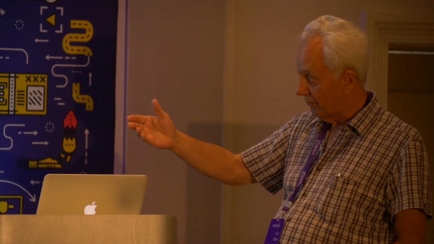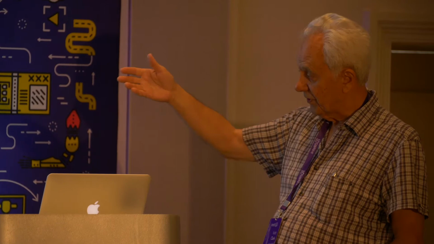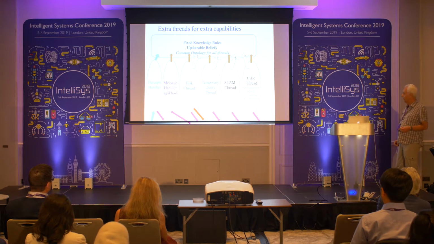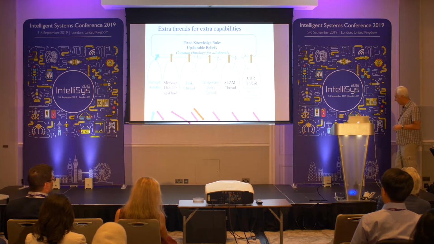So what we do is we fork an extra temporary query thread, and then the message handler thread monitors that, and after a certain amount of time, it will kill it. Because you don't want to use up a resource. You don't know what that query is going to do, right? And you might say, okay, I'll give it a few milliseconds of computation power, and after that, I'll just kill it, and I won't answer the query.